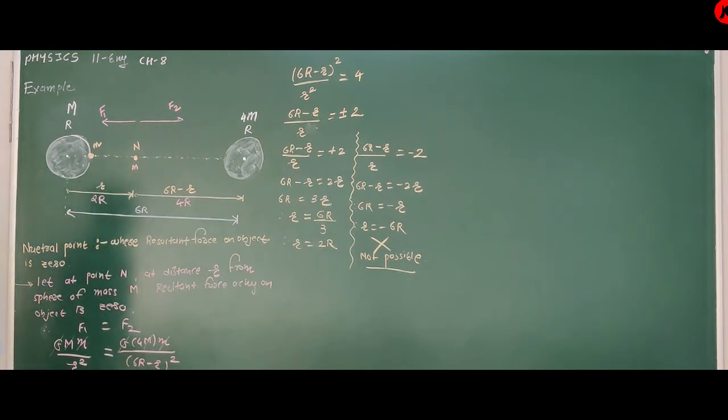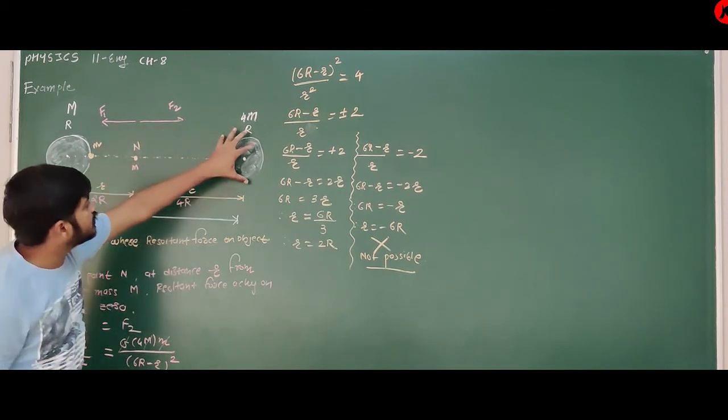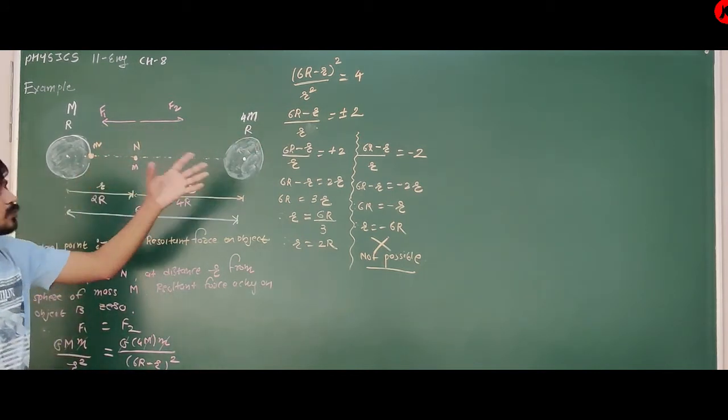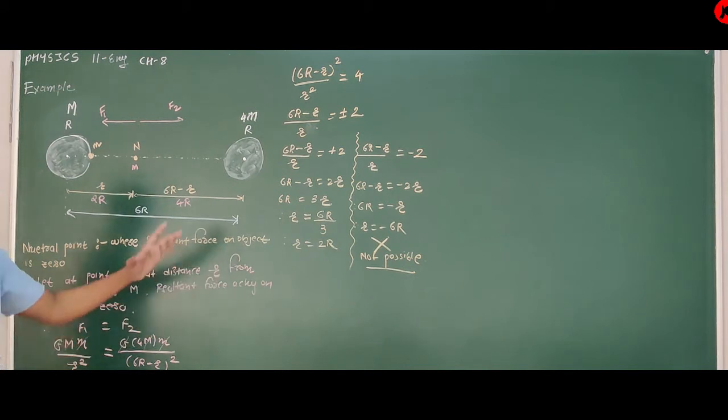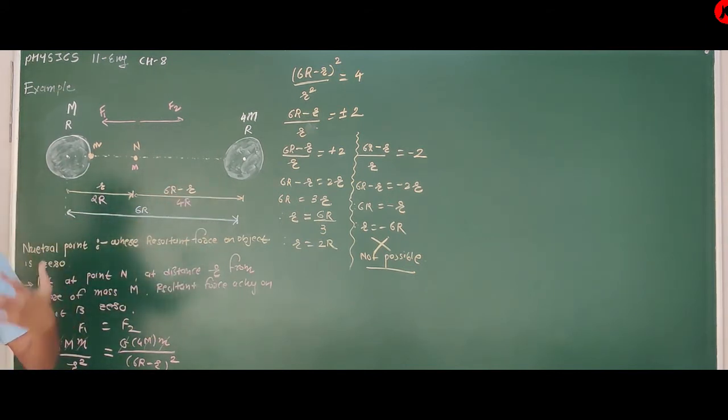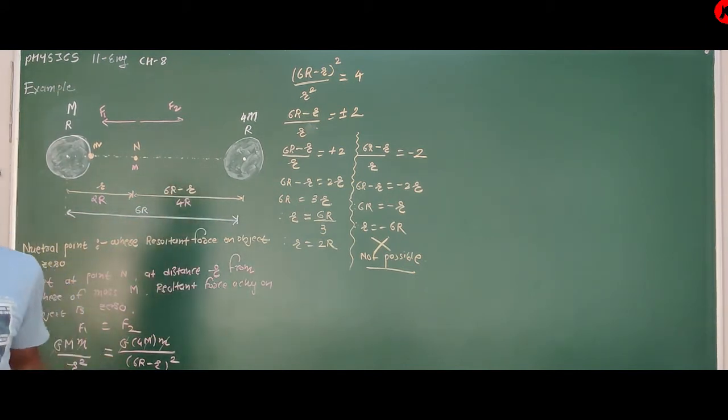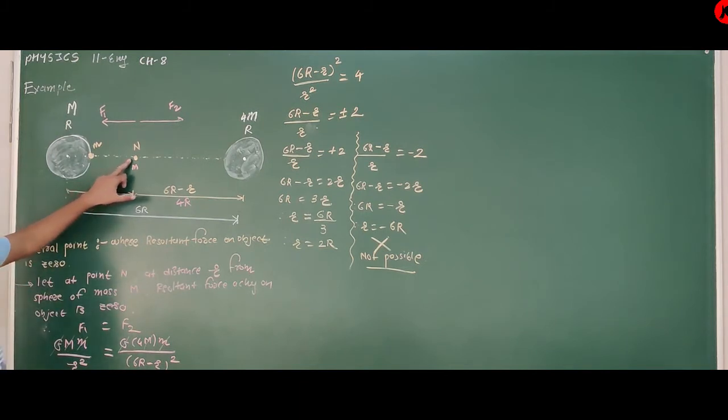If the object is in this region, it is attracted by this sphere. So what we have to do? We have to throw the object such that it moves to this point. After this point, it is attracted by this sphere automatically, due to its speed. Clear? Because at this point, the neutral point, resultant force becomes 0.